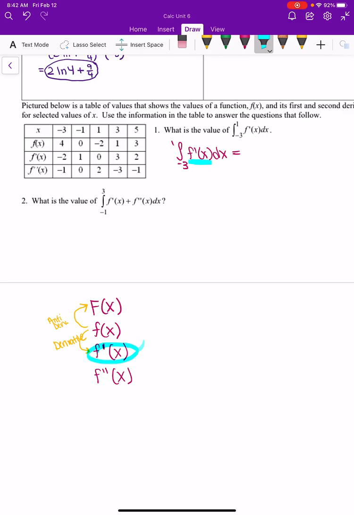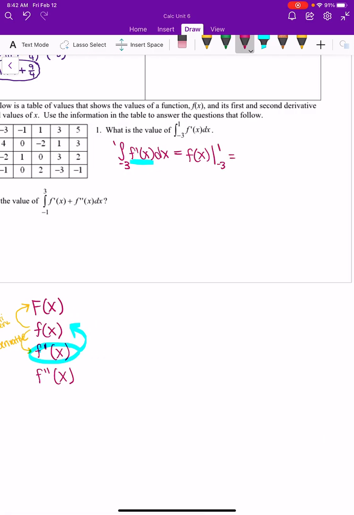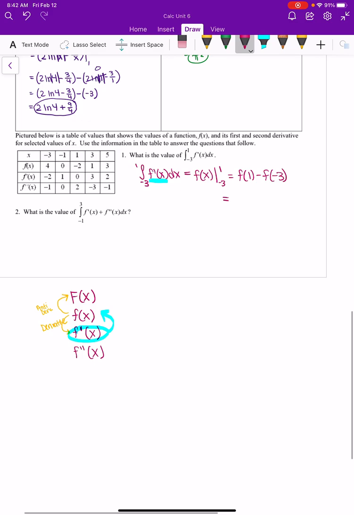So the antiderivative is to move up the table this direction. And so the antiderivative will be the original function, evaluated from -3 to 1. So we'll just do f of 1 minus f of -3 and find those values in the table. So that's -6.